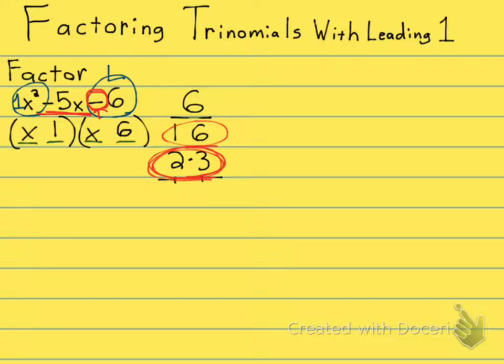Well, if I try a minus 1 plus 6, that's going to give me a positive 5, right? I have more positives than negatives. So I need to do a positive 1 minus 6. That gives me a negative 5. So in my two binomials, I'm going to have a plus 1 and a minus 6. And if you FOIL that out, you'll find out you get what you started with.